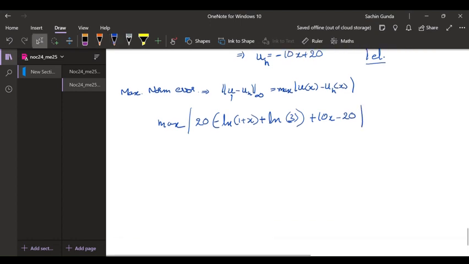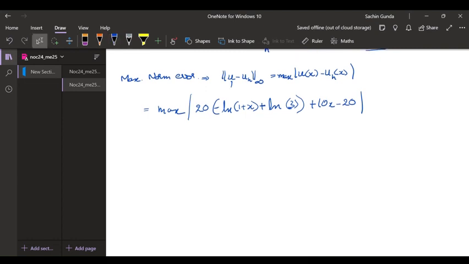To find the maximum of this expression, we need to take the derivative and make it 0, then we can find the maximum for this expression. Minus 20 by 1 plus x plus 10 is equal to 0. 1 plus x is equal to 2, so x is equal to 1.